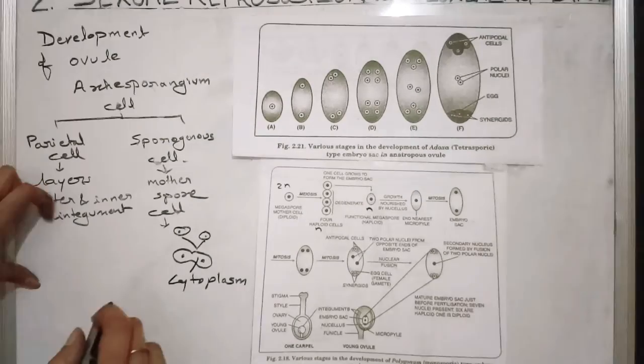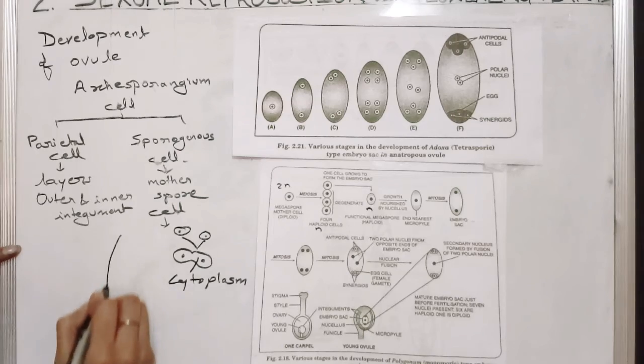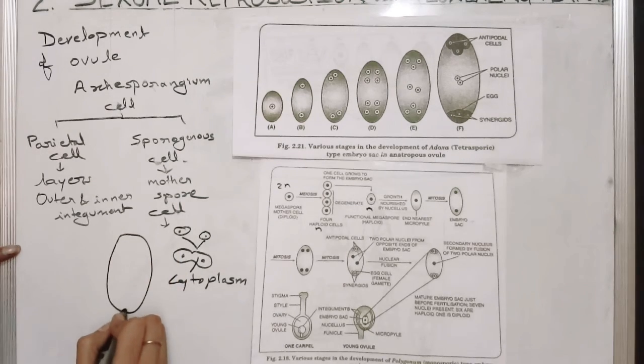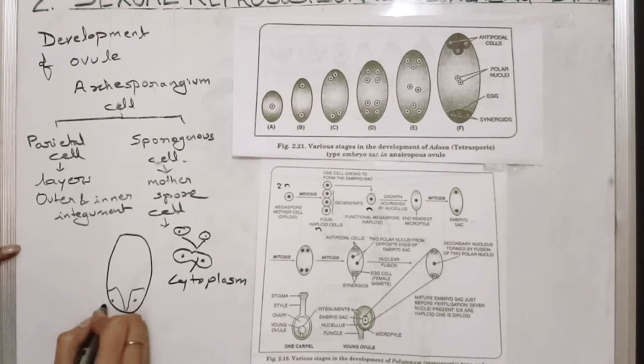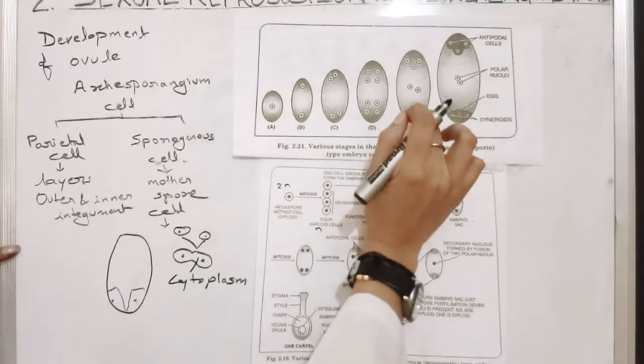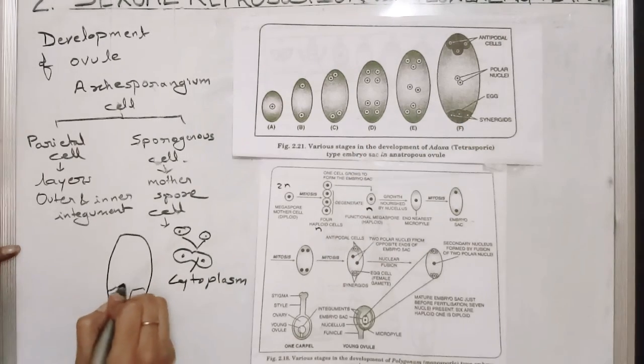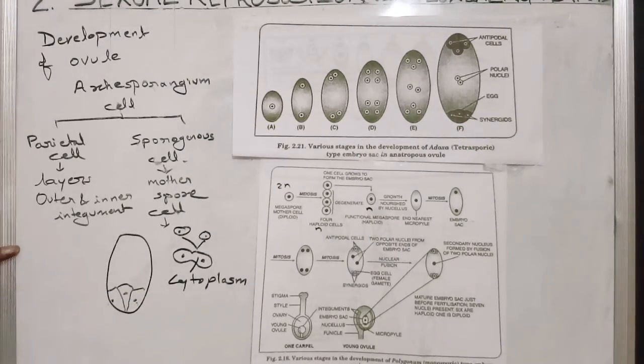You can also see it here, as 2 are going to be formed. These are synergids, and the remaining 1 forms the egg cell.